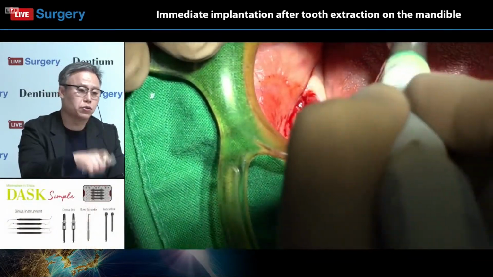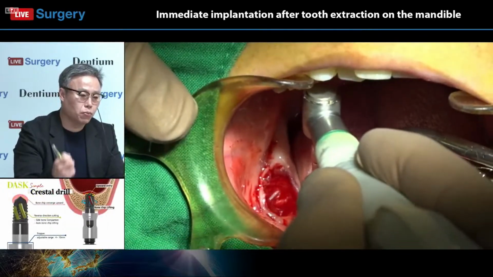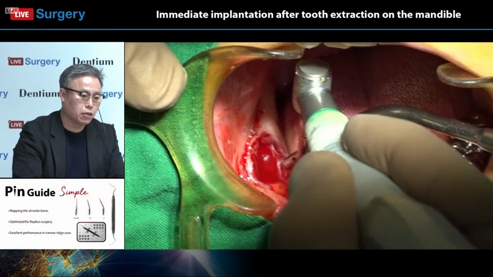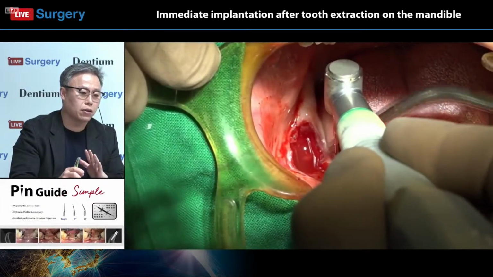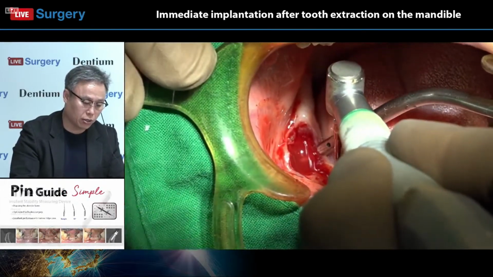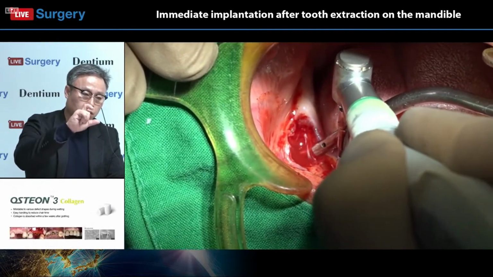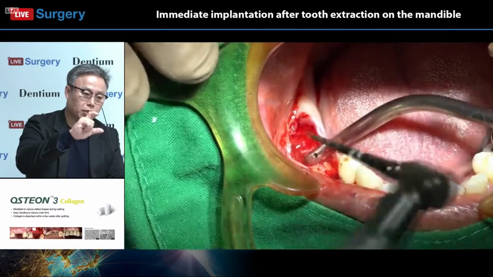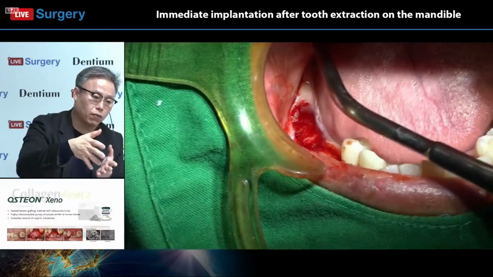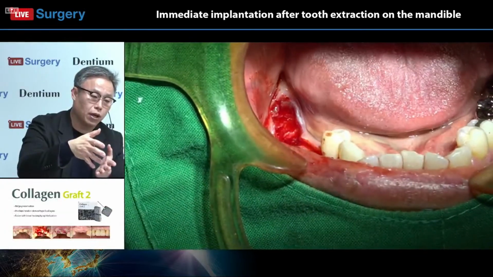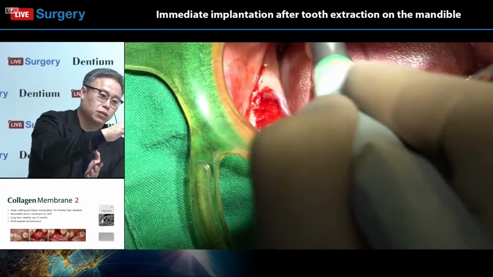I don't think he's using the drill extension now. Sometimes when we are moving the handpiece, the adjacent tooth is in the way. In that case, we have to use the drill extension. Otherwise, if you use the drill without the extension, the handpiece will contact the number 44, and the axis of the implant is changed distally.